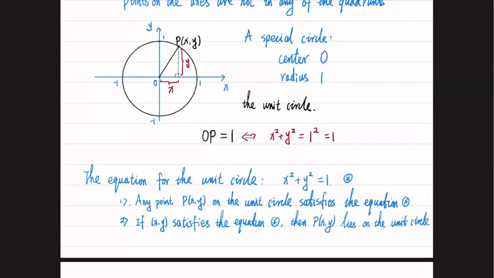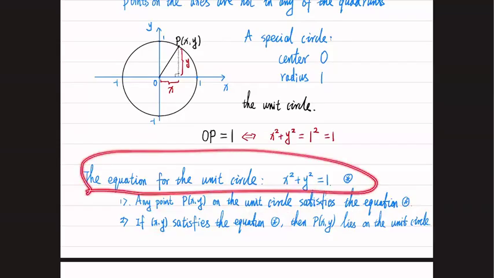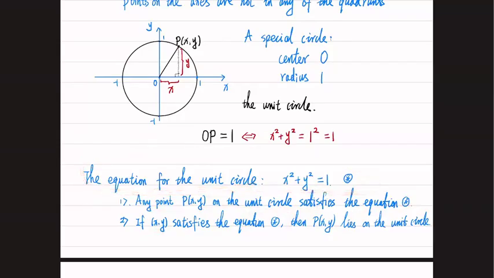Two-way implication. If it's on the circle, then x and y satisfy the equation. If x and y satisfy the equation, then this point is on the circle. That's why we call it the equation for the unit circle.